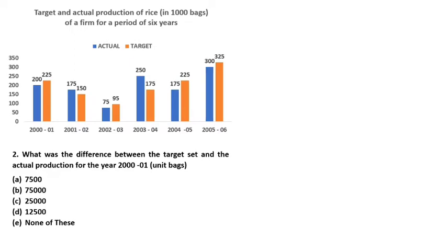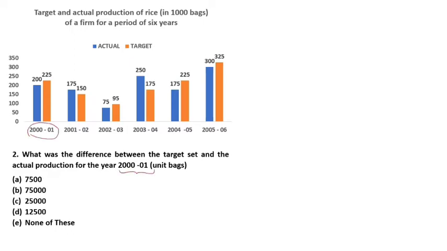The next question is, what was the difference between the target set and the actual production for the year 2000-2001? 2000 and 2001, this is the year.